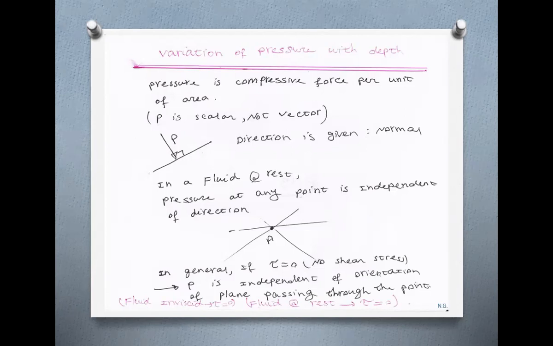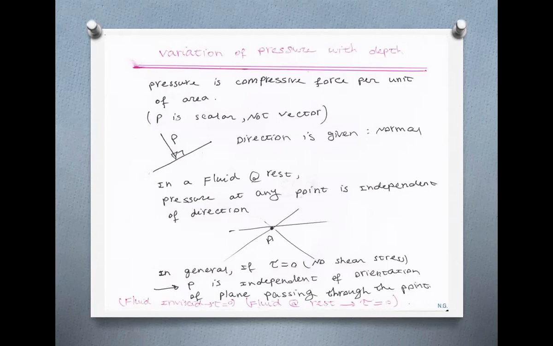But because there is no motion, there is no friction, because motion creates resistance like friction. So if there is no motion, like water in a pool or in a tank, then you can claim shear is zero. No motion, no friction, no shear.